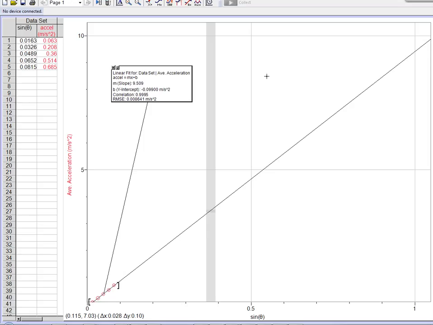Exactly, right? So if you put in 1, you're going to get whatever that slope is plus your slight y-intercept, right? So it's going to be very close to that. It's going to be off by just a little bit, because the best fit line, because of friction, doesn't actually go through the origin, right? Okay, all right, there we go.